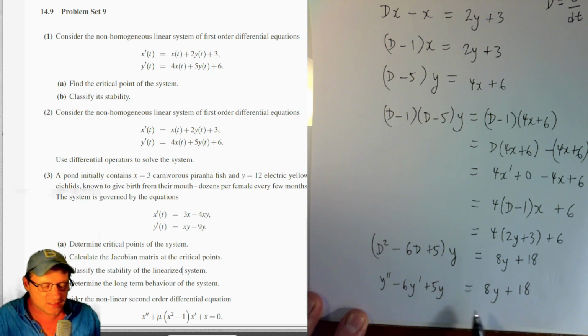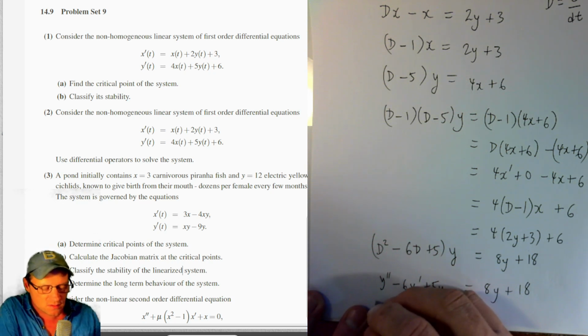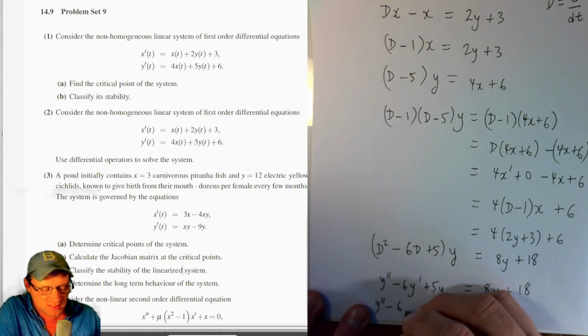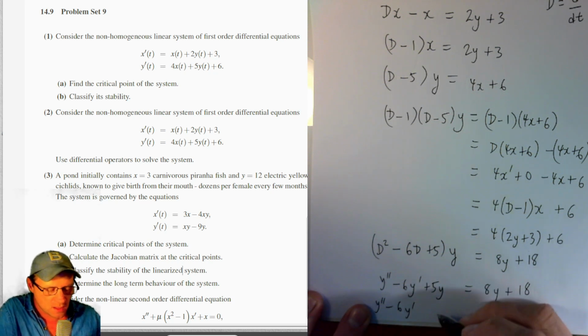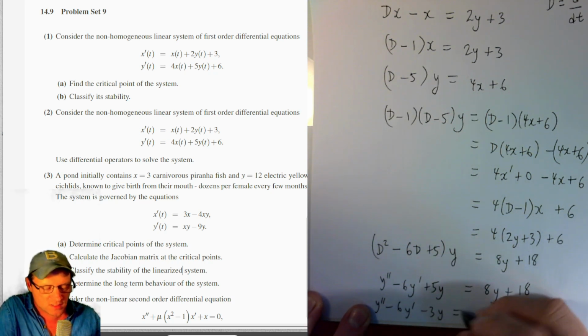So subtracting 8y from both sides, we have y'' - 6y' - 3y is equal to 18.